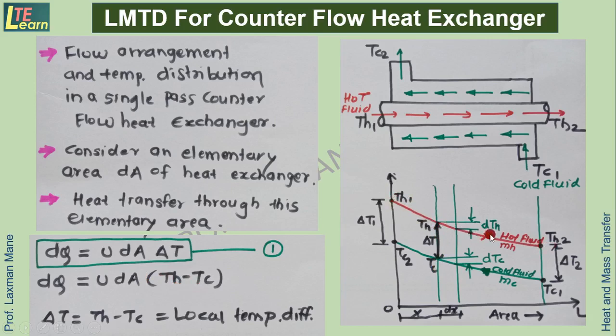These are the inlet and outlet temperature of hot fluid. In this case the hot fluid is moving in the forward direction and cold fluid is moving in the counter direction or opposite direction. That's why here inlet temperature is TC1 and outlet temperature is TC2, and this is the flow direction.